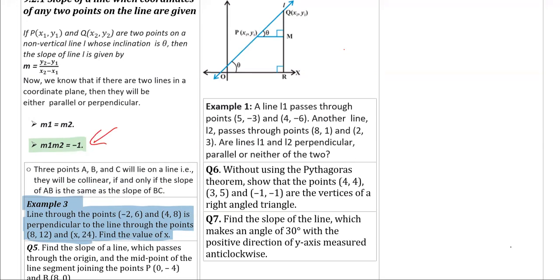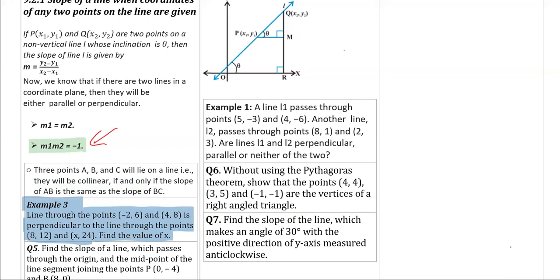So let's say I'm finding the slope of one line and I use M1 for this. M1 is the slope of the first line using these values, y2 minus y1, that is 8 minus 6, over x2 minus x1, that is 4 minus minus 2. So M1 is 8 minus 6, which is 2, over 4 plus 2, that is 6.